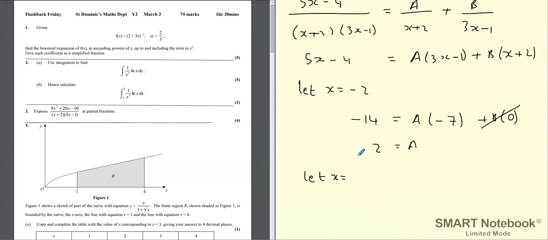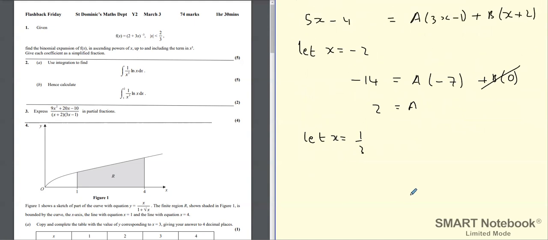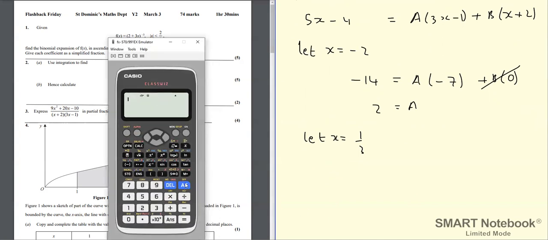Or you could let x equal positive a third. Take the 1 over, divide by 3, so that makes this bracket 0. So what do we get? 5 times a third is 5 over 3. Take away 4. So 5 over 3 take away 4 is minus 7 over 3.